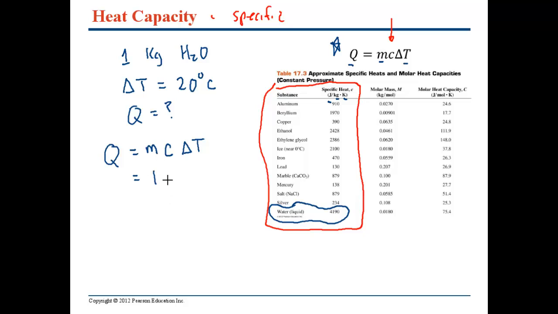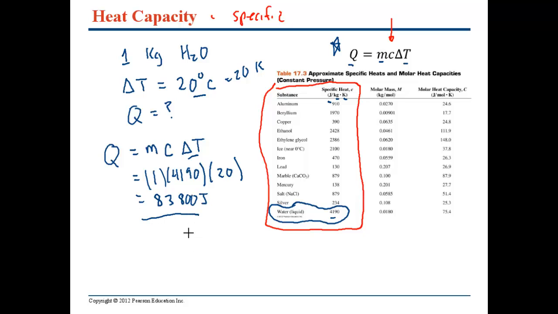So my 1 kilogram multiplied by 4190, that's joules per kilogram degree Kelvin. Because this is a change in temperature, I can get away with using Celsius because 20 degrees Celsius is also 20 degrees Kelvin. So I can put in a 20 right there, and I can calculate this out. And I get 83,800 joules. That's a pretty big number. It takes quite a bit of energy to heat water up.